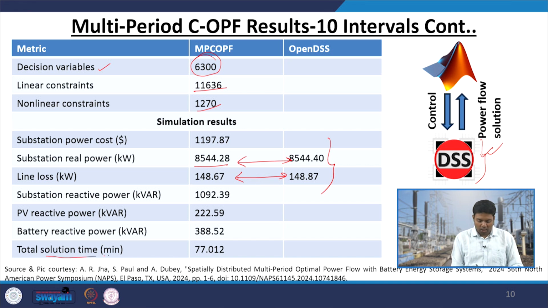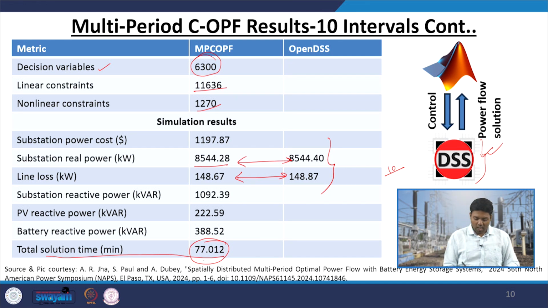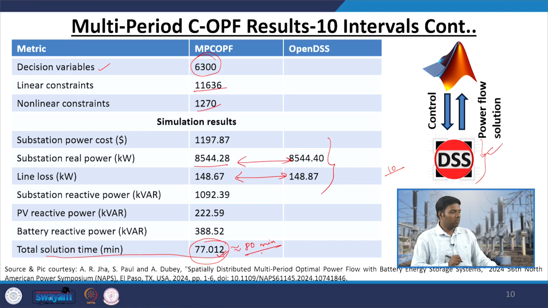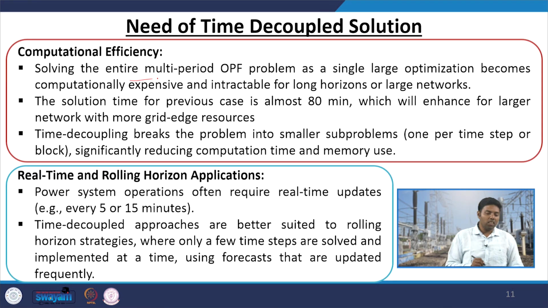But if you notice the solution time for only a 10 time step solution, with an hour time step, it comes out to approximately 80 minutes, right. You are solving the entire horizon. Now, you can imagine that 10 time steps is taking 80 minutes. So, if you take a 15-minute time step, that means you have a total of 96 time steps.